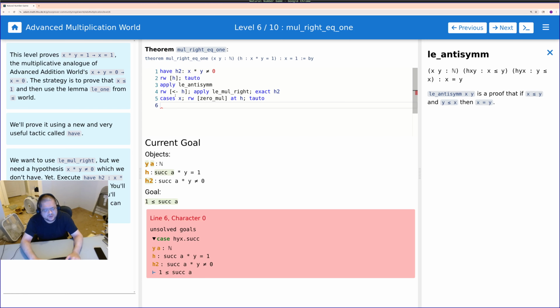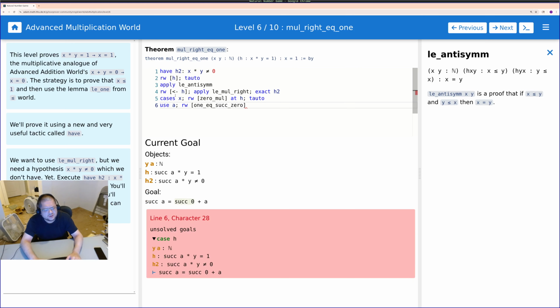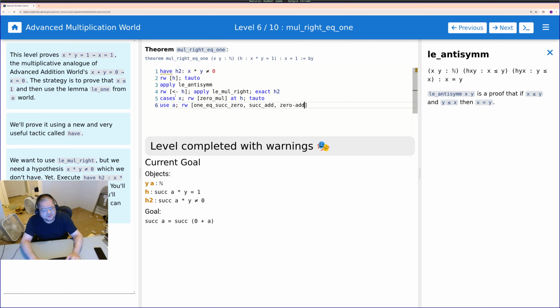This should be pretty trivial. Use A. And we're now going to do rewrite.